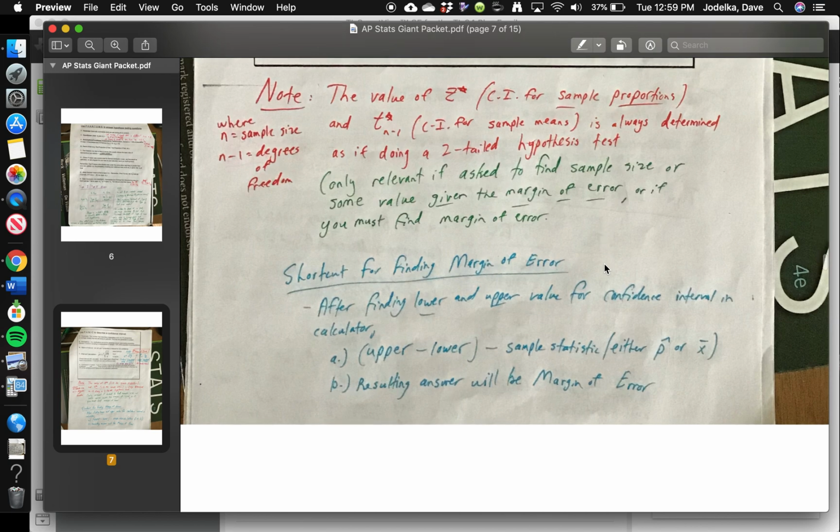And one way you could find that with your calculator is you can literally just find the confidence interval, take the upper and lower ends and subtract them, and then subtract either the p hat or x bar value.